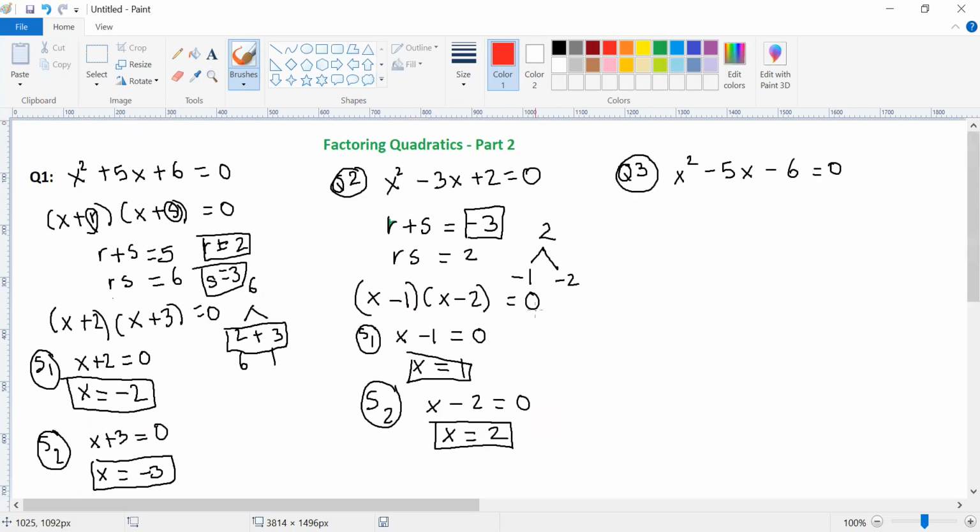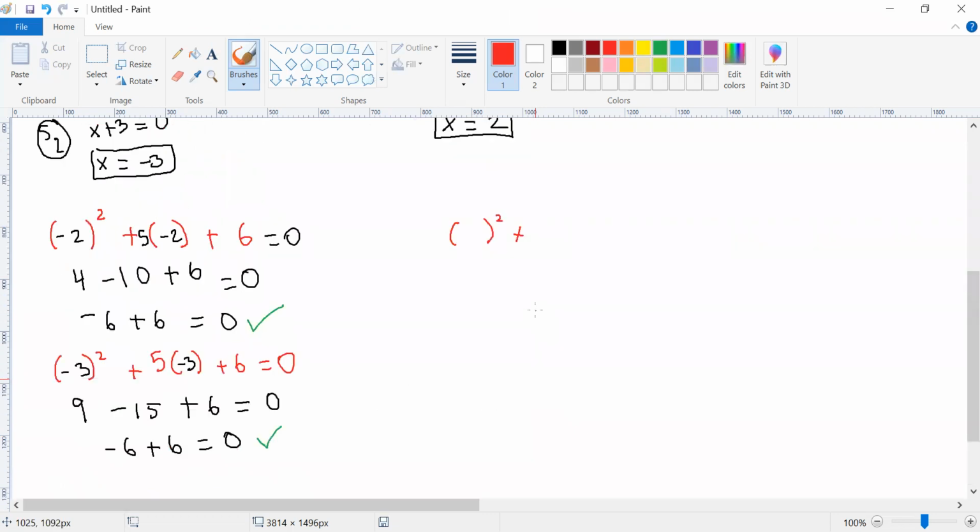Yeah, it's negative 3. So it's x minus 3 times x plus 2 is equal to 0. This is our exoskeleton.